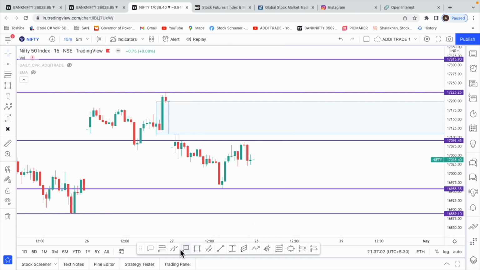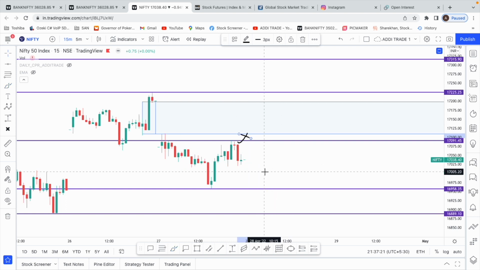In case we break this level and come into the gap, only then can we probably be bullish to fill this gap. That is, if we break this level of 17,100, only then probably we can see this gap fill, with a target of 17,200.